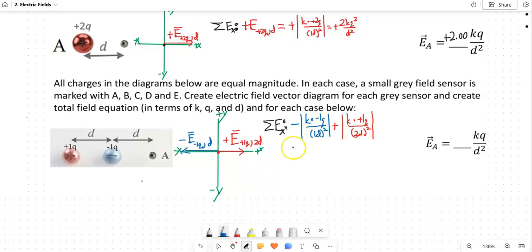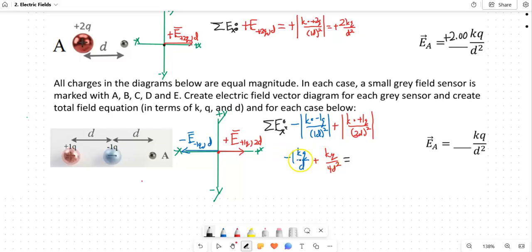Multiplying all this out, we're going to copy this negative down. K times 1Q over 1D, so this will be KQ, just Q divided by D. I put a square up here. Just caught myself, just programmed to do forces. So this is like a negative 1KQ over D squared. This red guy is going to be a positive, and that's going to be KQ over 4D squared.